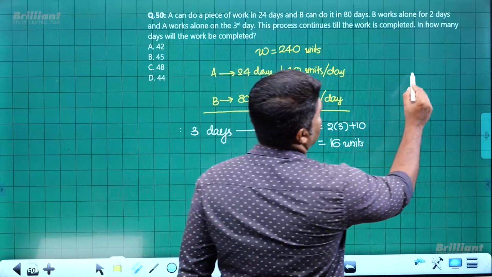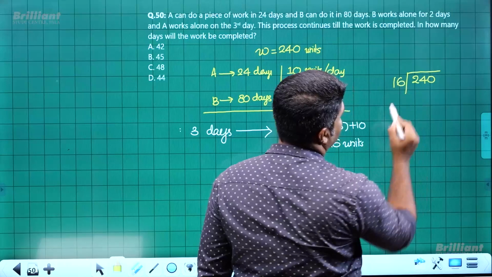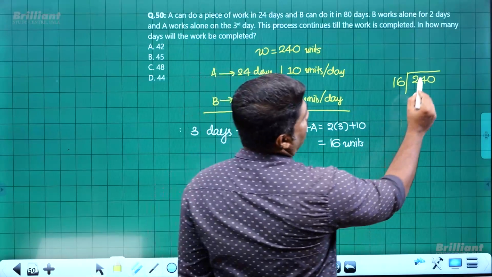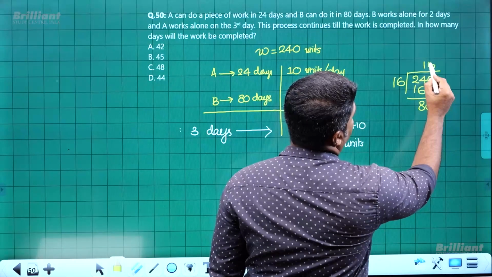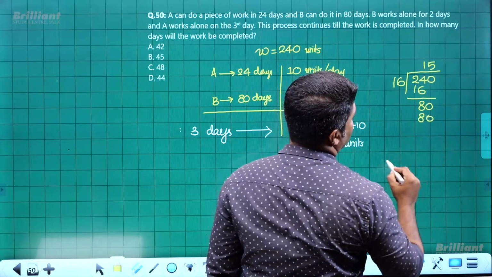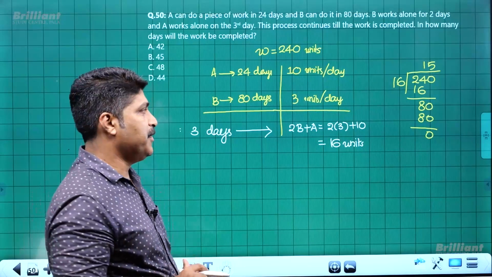So it will be like this, 240 divided by 16. Here 16 is there, and 80 will be there. That is 5 times 16 is 80. It's finished. So there is no remainder step of operation.